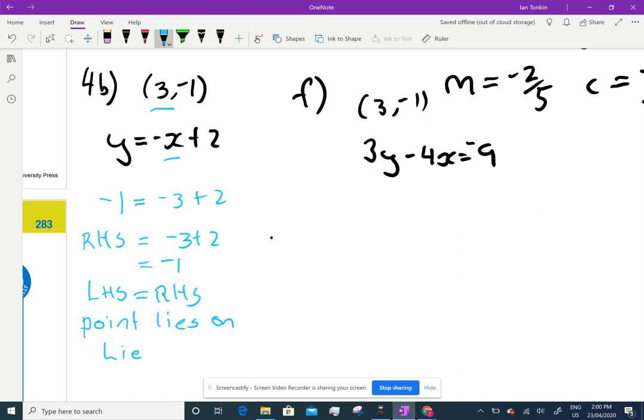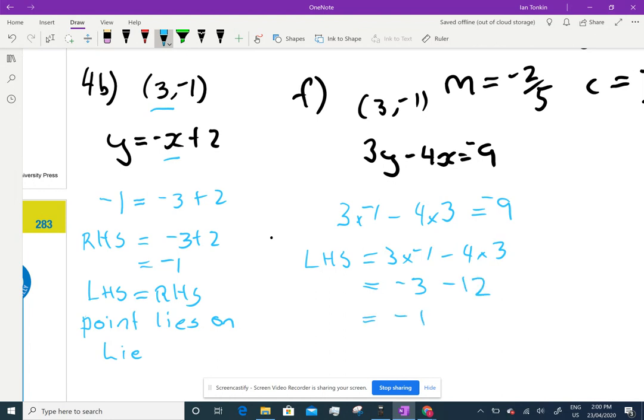Okay, well, let's take the left-hand side. So we get 3 times the y value, negative 1, minus 4 times the x value, 3. Does that equal negative 9? So the left-hand side this time equals 3 times negative 1 minus 4 times 3. 3 times negative 1 is negative 3 minus 12. Well, that's minus 15.